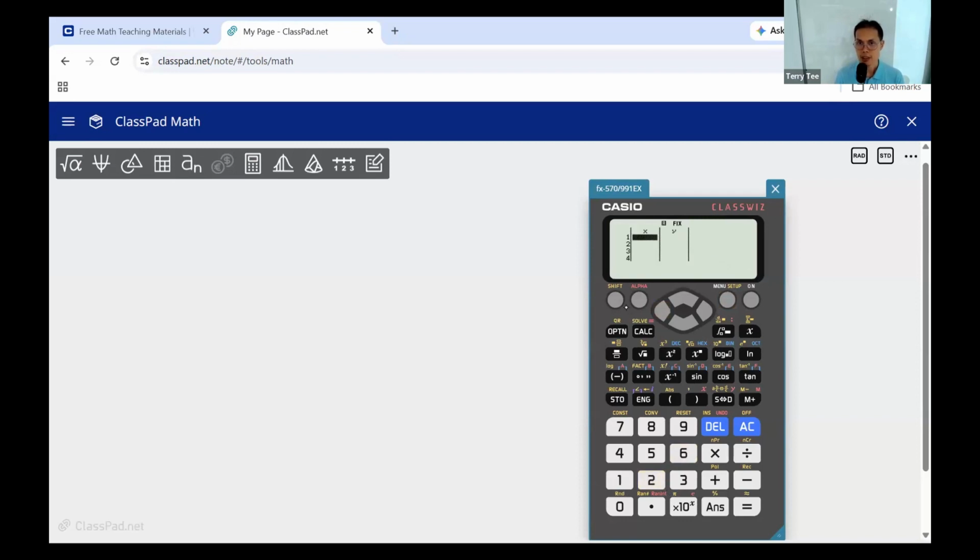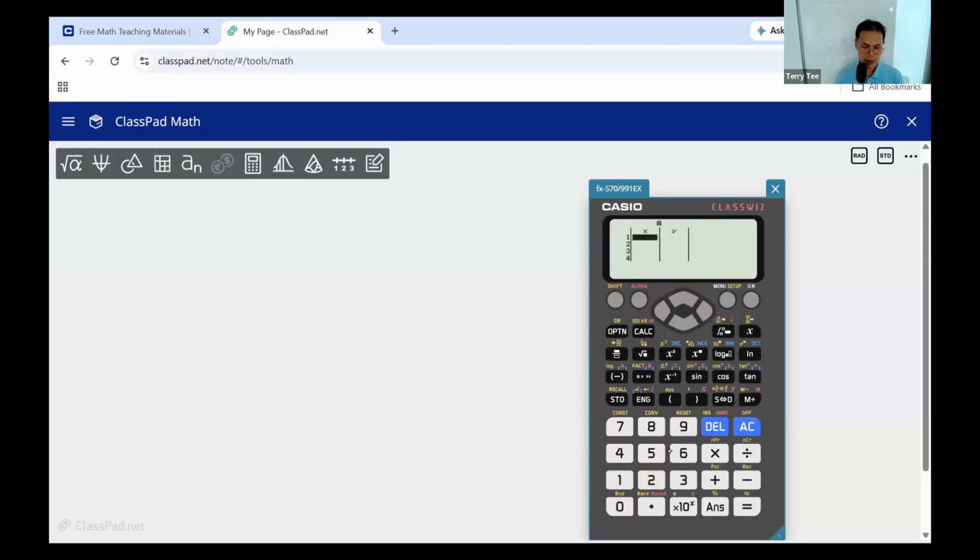Key in your x and y. Let me reset this because just now I set the number format to 4 decimal. Okay, just AC. Press menu 6 for statistic. Then you press 2 for a plus bx.